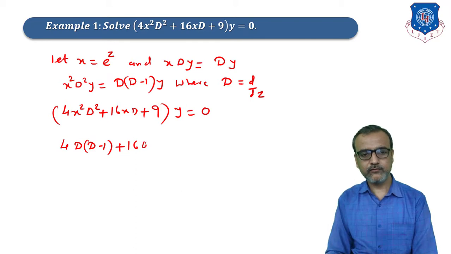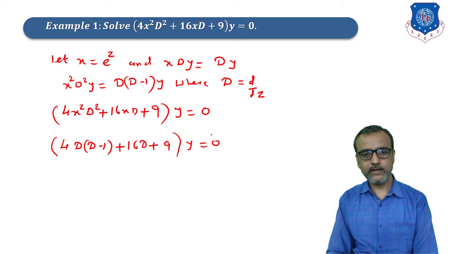So we have D only, plus 9 y equals to 0. Now we will simplify this equation, multiplying 4D by D minus 1.